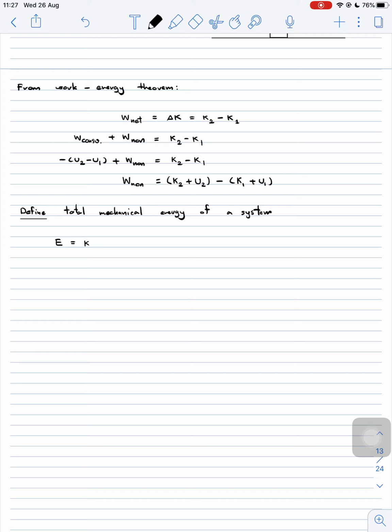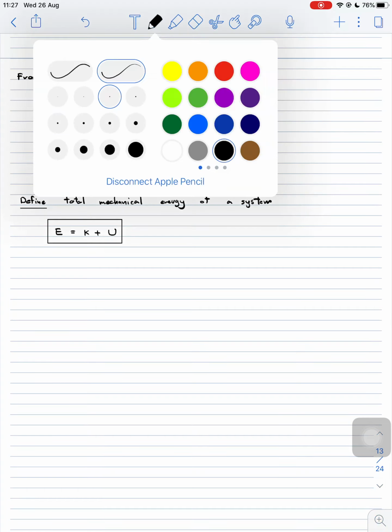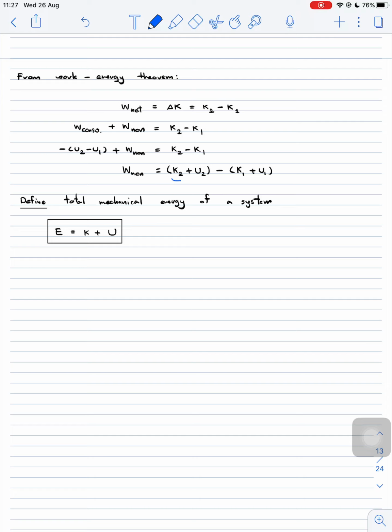to the kinetic energy plus the potential energy. Okay, E equals the kinetic energy plus the potential energy. Then in this case, this one is equal to E2, the final total mechanical energy, and this one is just equal to E1, the initial total mechanical energy.